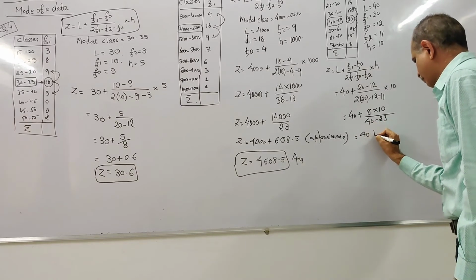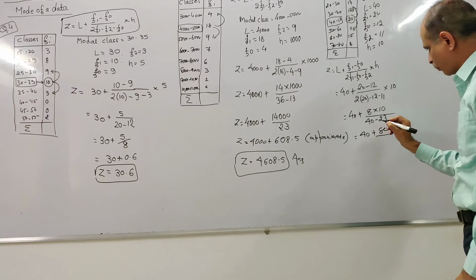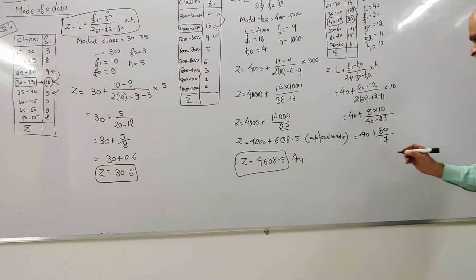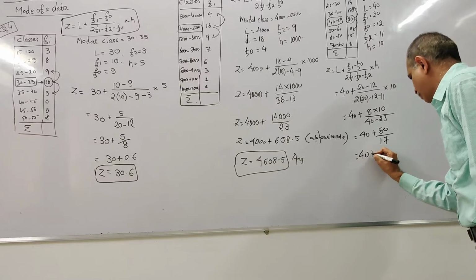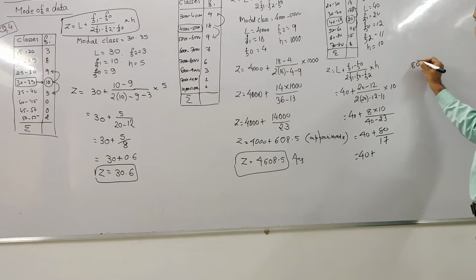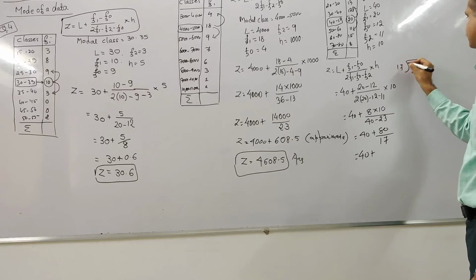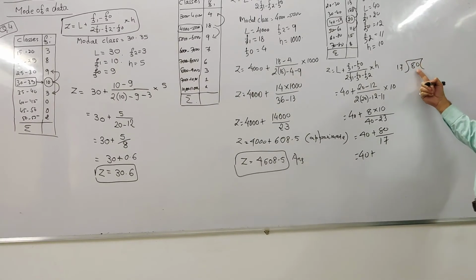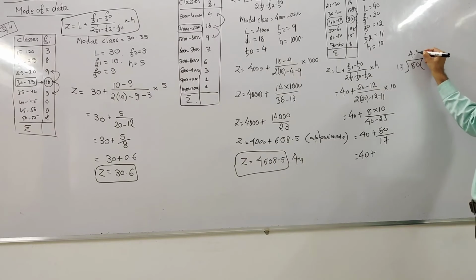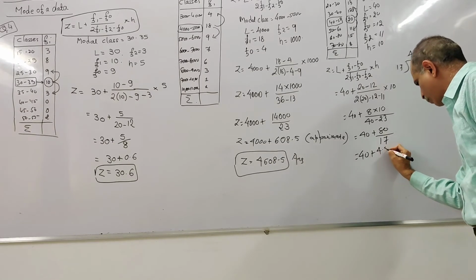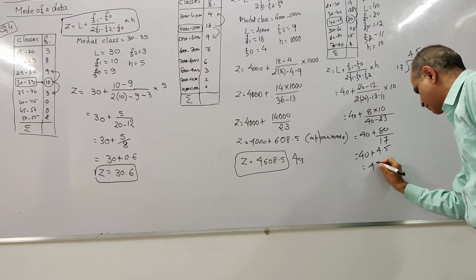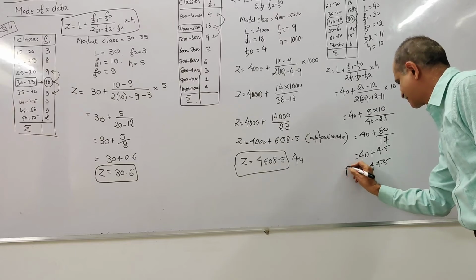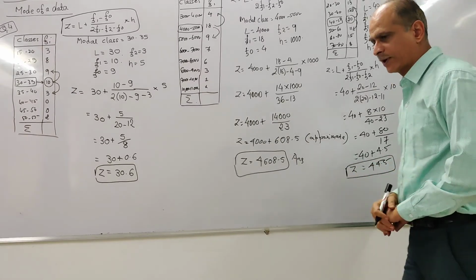So 40 plus 80 upon 17. Divide 80 by 17: 17 fives are 85, so you get something like 4.5. So your answer is 44.5. That is your Z, the mode of the data.